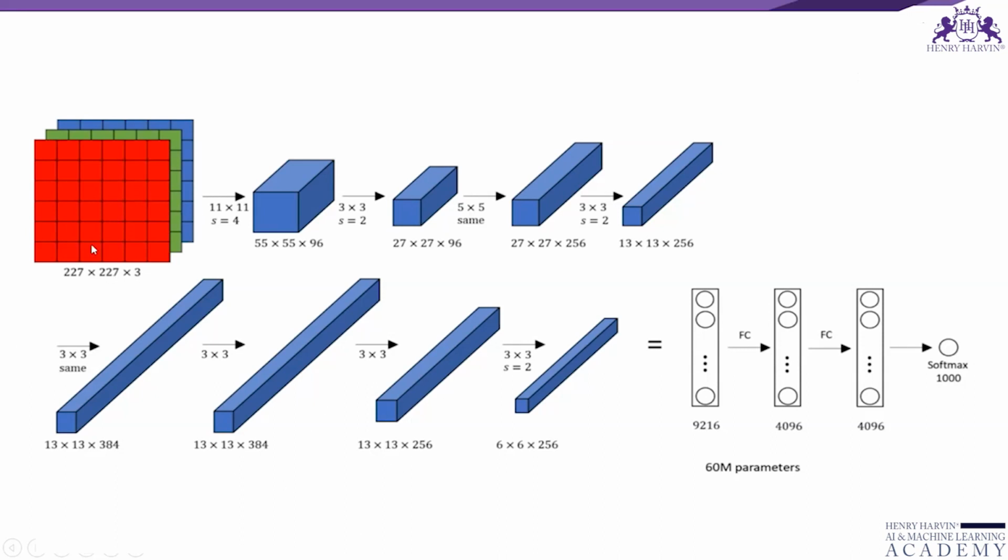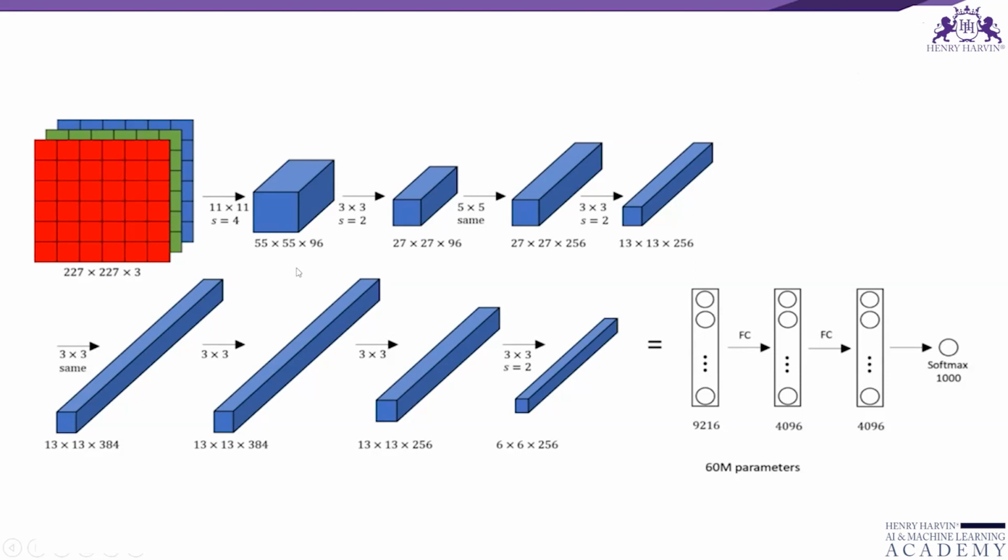So let us look into this one. The input to the AlexNet network is of size 227 into 227. And why is 3 written over here? Because it is an RGB image, which means red, green, and blue. Then we have the first convolution layer.